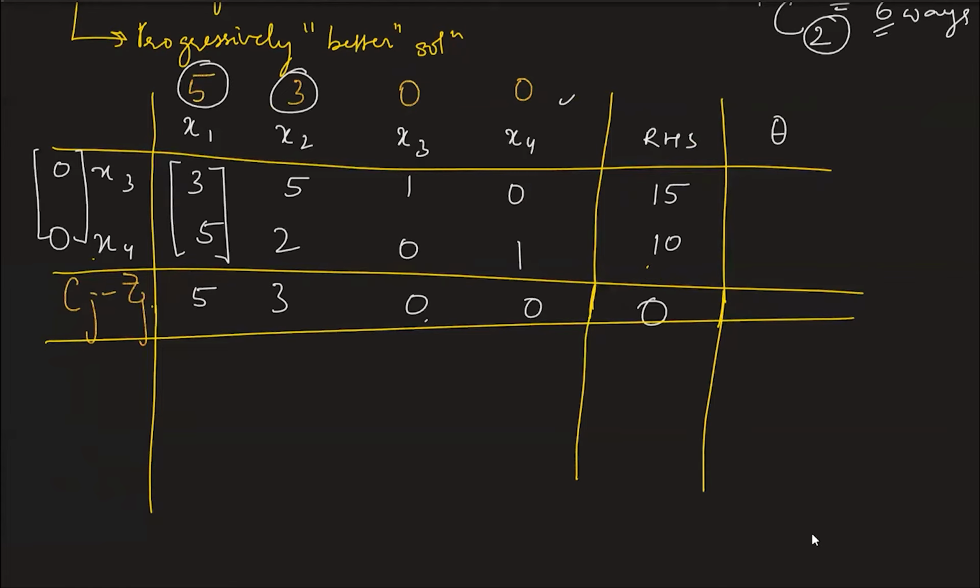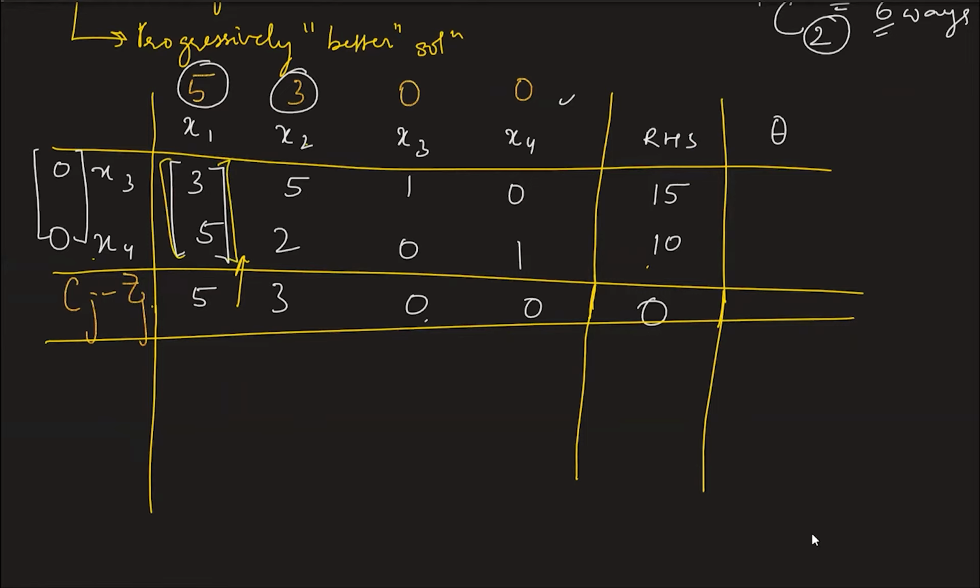Now we have to solve for x1 and x2 because the value of the objective function depends on these two decision variables. So we have to attempt to bring these decision variables into the basis of the problem. Now, how do we decide? So the rule is that the highest Cj minus Zj enters, and where does it enter in this column?